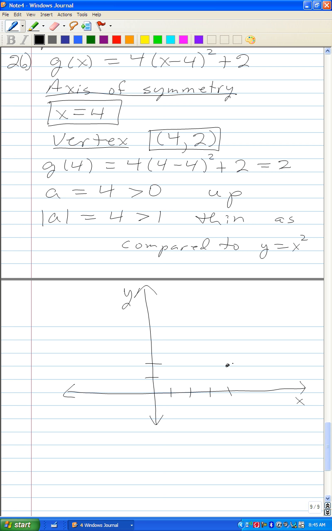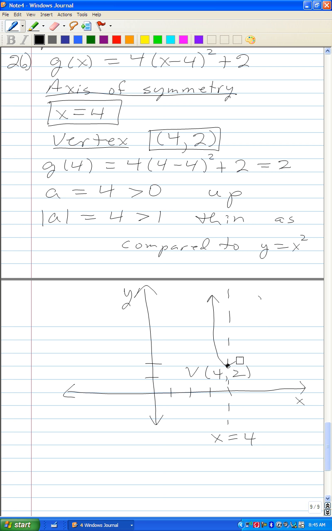It points up, and it's relatively thin. It should be symmetric, but... And so the axis of symmetry is the line x equals 4, and the vertex is at the point (4, 2).